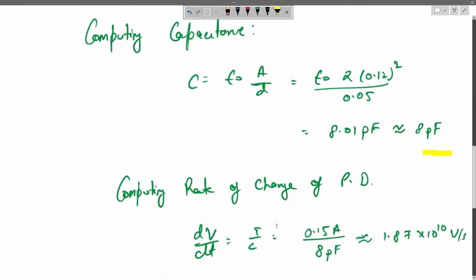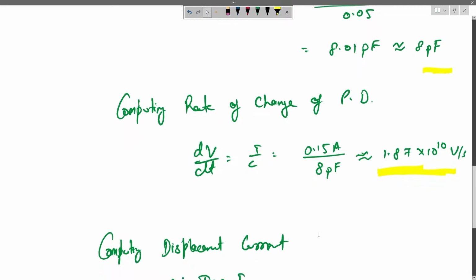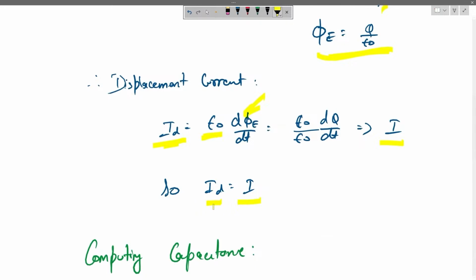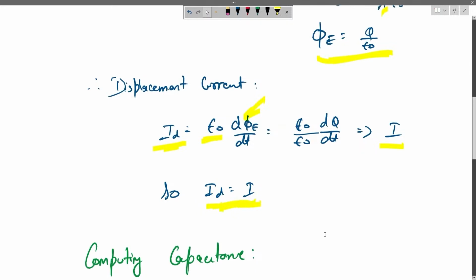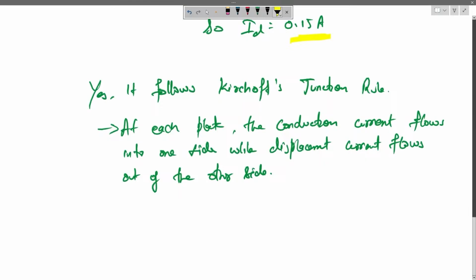Substituting that in this expression, we get a value of 1.87 into 10 to the power 10 volt per second. Now computing displacement current, we already saw from this derivation that displacement current is equal to conduction current. So displacement current would be equal to 0.15 ampere. Now it follows Kirchhoff's junction rule, as at each plate the conduction current flows into one side while the displacement current flows out of the other side.